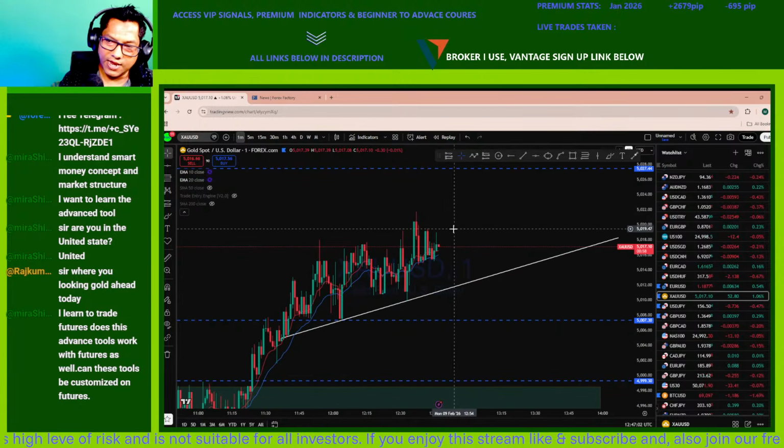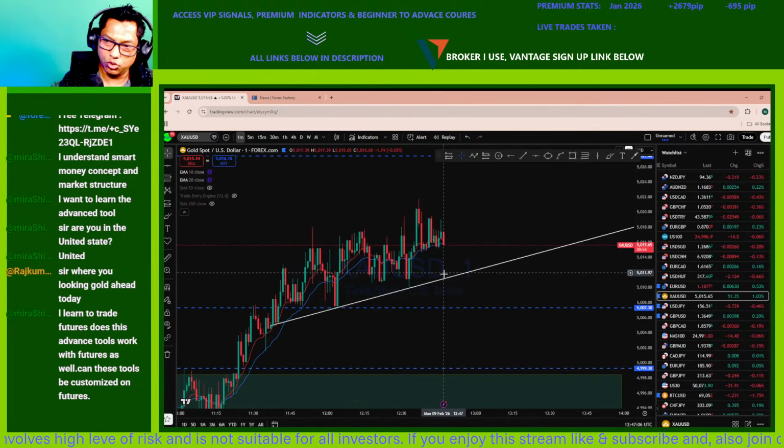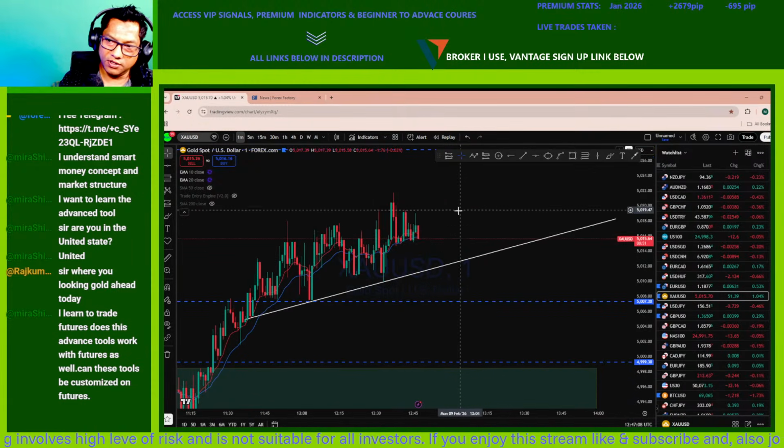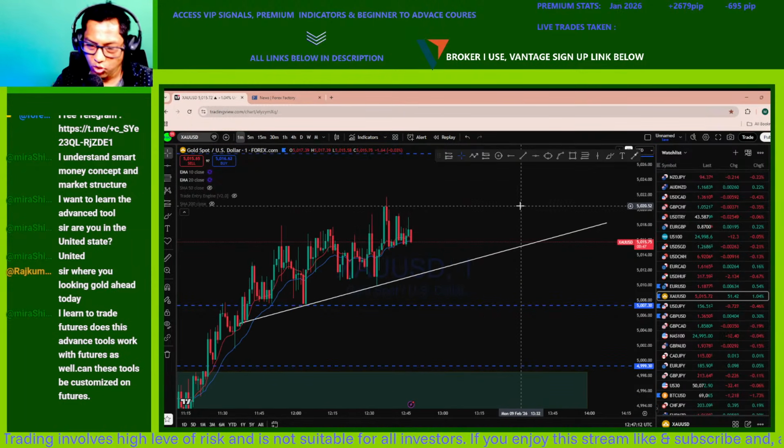With this narrow sideways market, I'm looking at this price action to drop further back below to this support, and then to return again back up to create a new higher high.